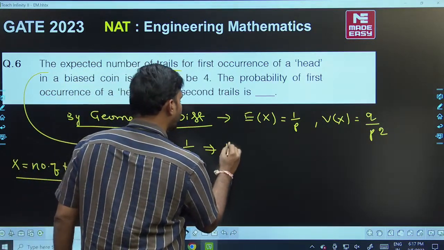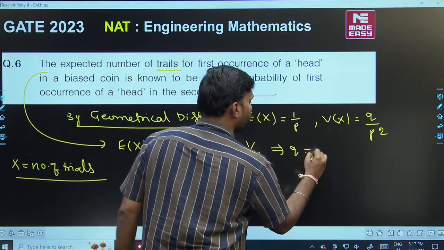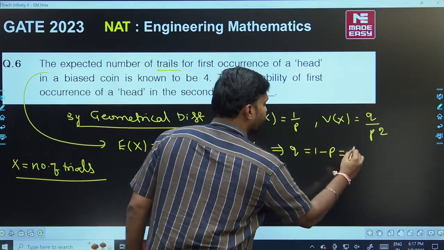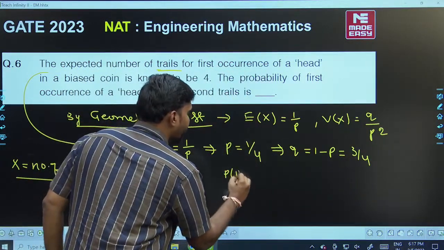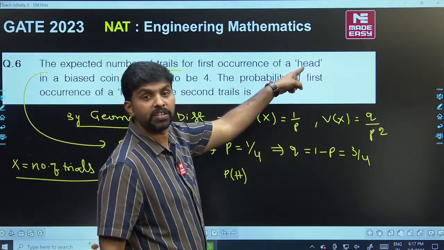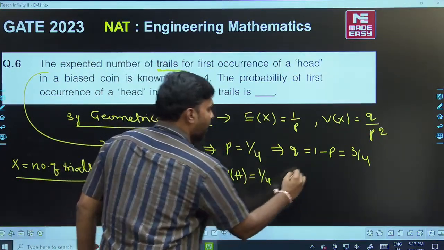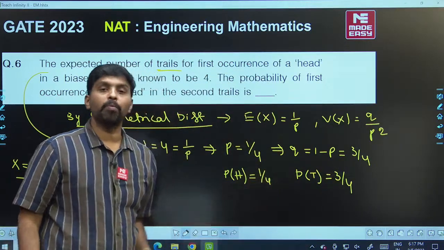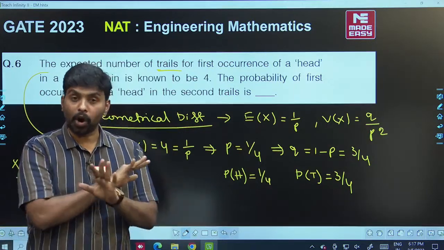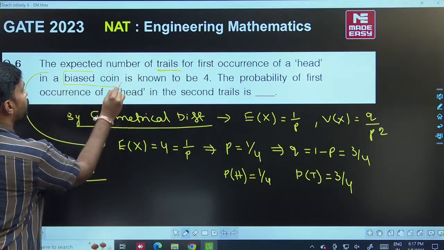If p is equal to 1 by 4, then q is equal to 1 minus p, which is 3 by 4. So this is the probability of getting head, because head is my success here as per this question. So the probability of head is 1 by 4, and the probability of tail is 3 by 4. As the probabilities of head and tail are not equal here, it is called a biased coin.